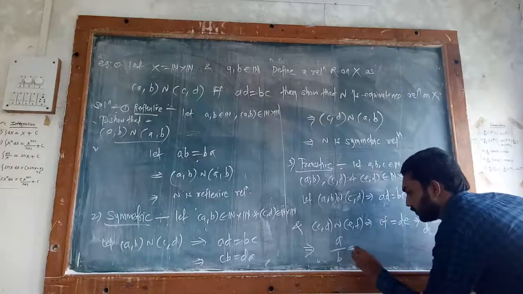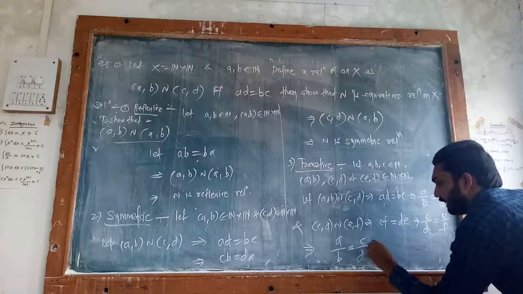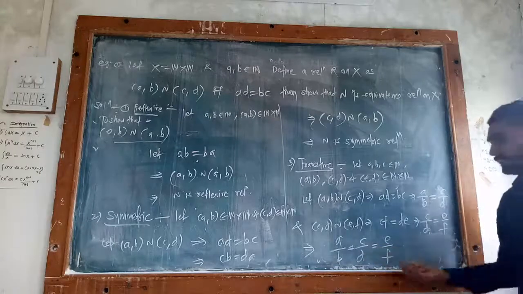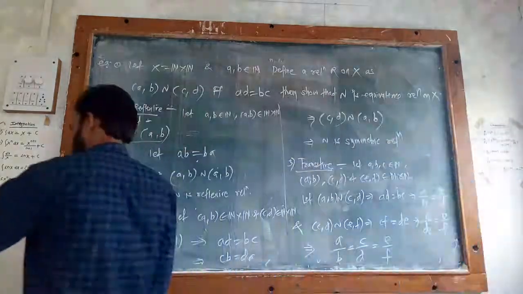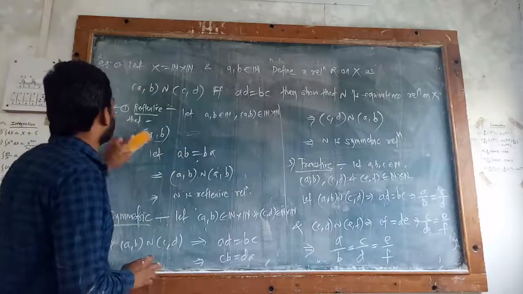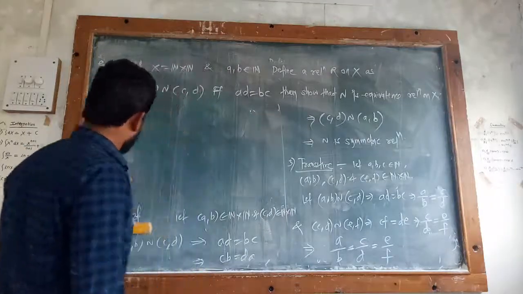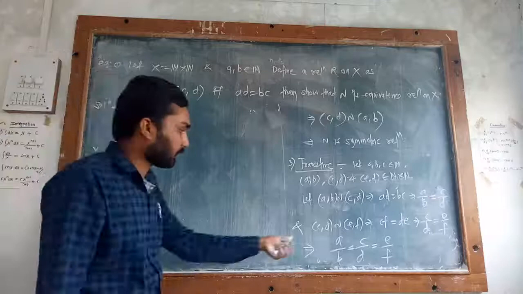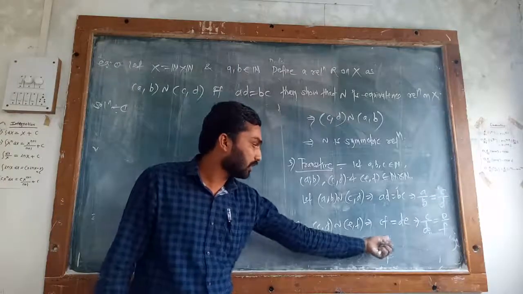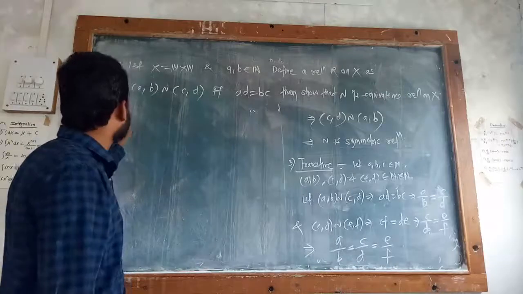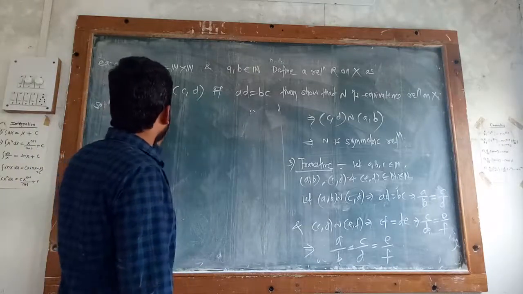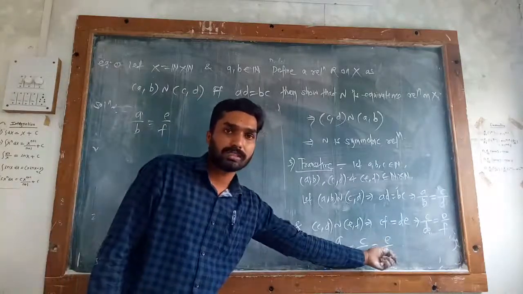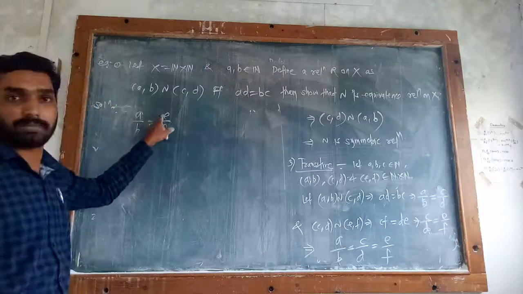A upon B equal to C upon D, and C upon D becomes E upon F. So from these three proportions, A upon B equal to C upon D equal to E upon F. That implies A upon B equal to E upon F. The three proportions are equal, that means the first equals the third also.